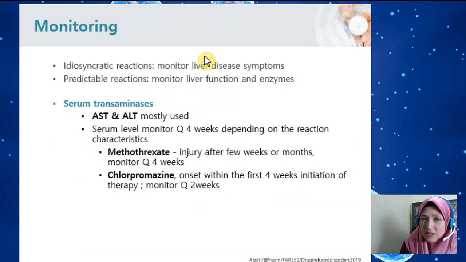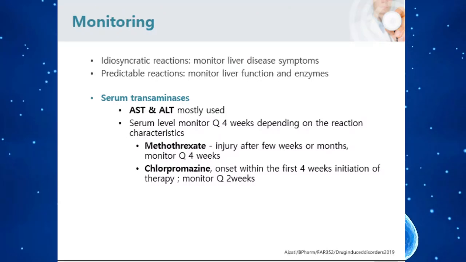So in terms of the monitoring, of course, we need to monitor the liver enzymes and the symptoms of the patient. And for AST and ALP, we have to monitor every 4 weeks depending on the reaction characteristics. For methotrexate injury after 2 weeks or months, we need to monitor every 4 weeks.